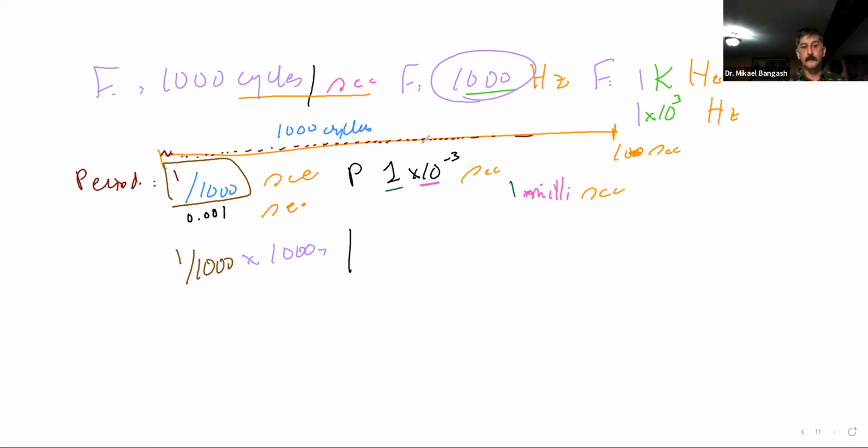Clear? But what did that tell us? That the increase of the cycles per second is going to have an opposite and equal decrease in the period, or the time that it takes each cycle to complete. Clear. That increase on one side being equal and opposite to the decrease on the other side makes the two parameters reciprocal.